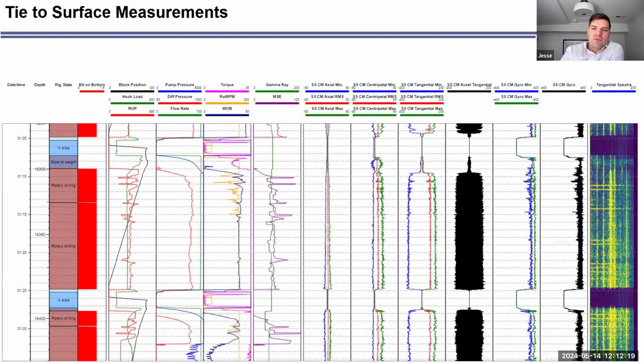And then on the far right, if you look, there's the fast Fourier transforms. So you can see that just looking at the spectra of the tied time samples to your EDR, you're starting to see some pretty dramatic changes in the acceleration response downhole.